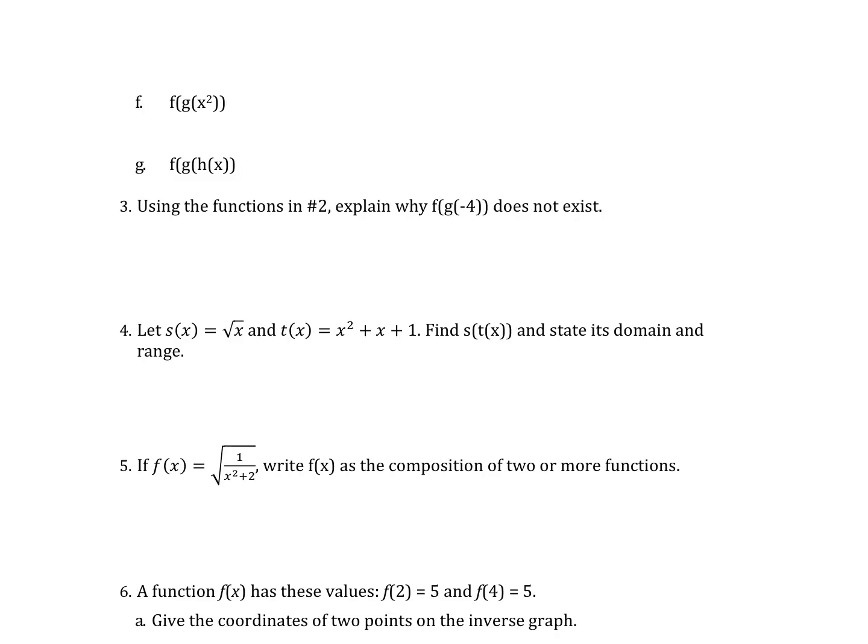All right, looking at 4, let s of x equal this and t of x equal this, so find that. So this is s of t of x, which gives me the square root of x squared plus x plus 1. So remember, for a square root, the inside must be greater than or equal to 0. So find out where that value is 0.